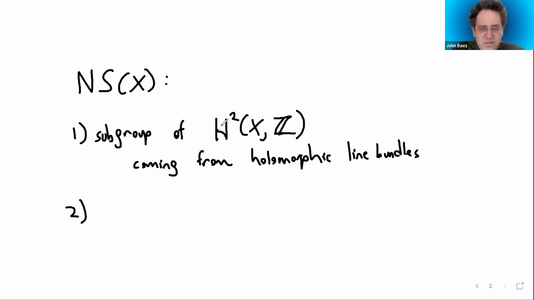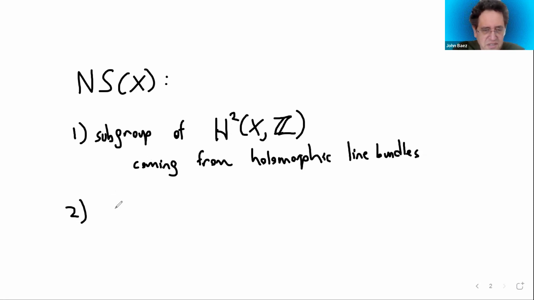So as you noted, you can think of these cohomology classes as having nice cocycle descriptions, which are anti-symmetric 2-cocycles. Then I can put in the extra information in this extra clause.